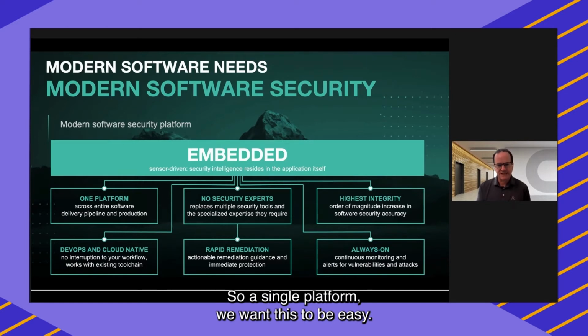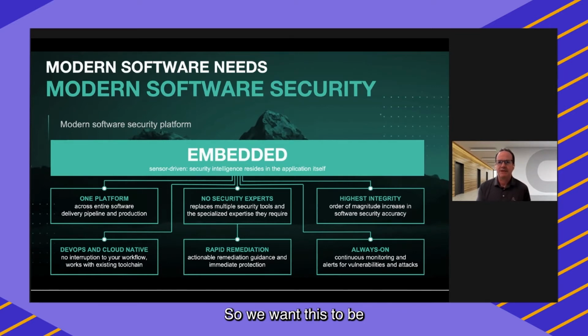So a single platform. We want this to be easy. It's a complex environment out there. We realize there are limits to being able to hire a whole staff of people to do nothing but focus on one specific area of software security.